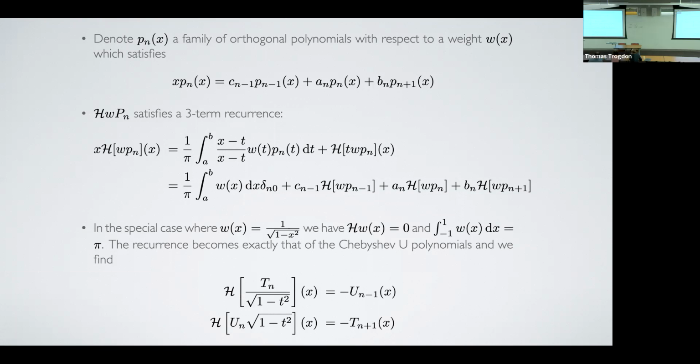This, combined with the fact that the Hilbert transform of the Chebyshev weight is 0, tells us that we can do Hilbert transforms of weighted Chebyshev polynomials. Using these basic tools of recurrence relationships, you can show this fairly well-known formula. I think there's probably an extra minus sign that shouldn't be there, but whatever.